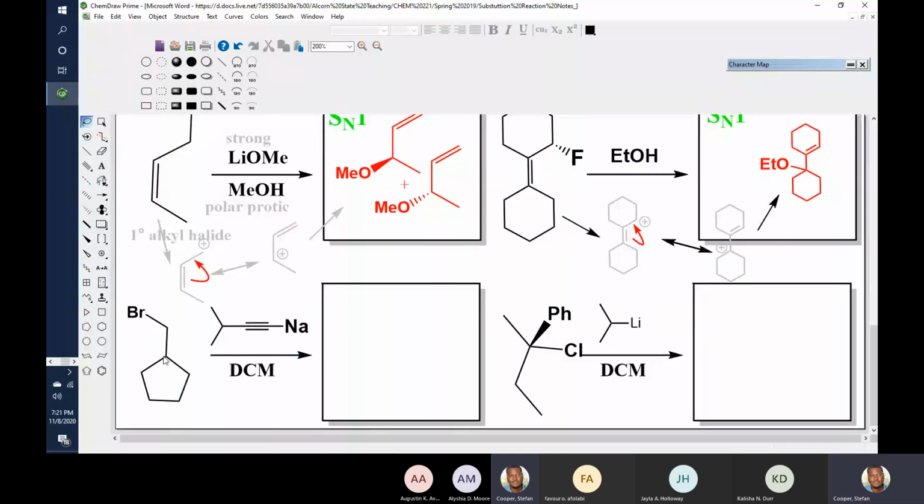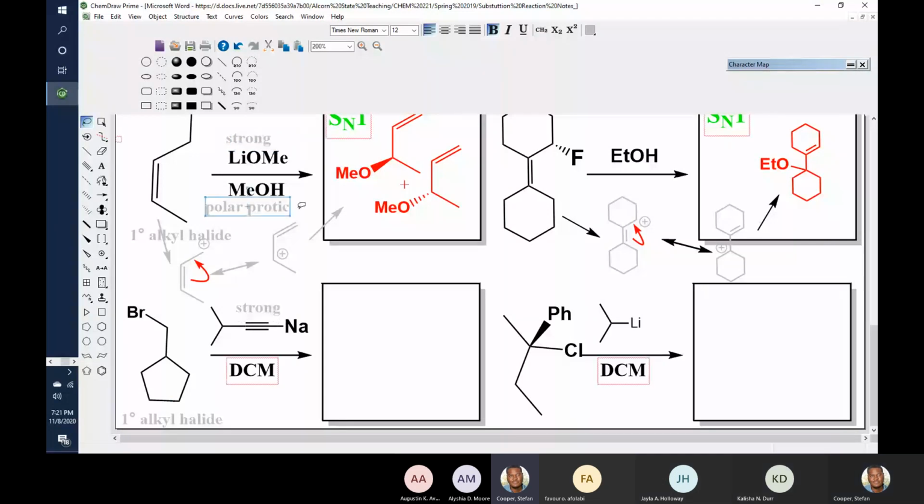What type of alkyl halide is this down here? Primary. Yeah, this is primary. Type of nucleophile, strong or weak? Strong. Yep, strong. What type of solvent? Polar protic or polar aprotic?